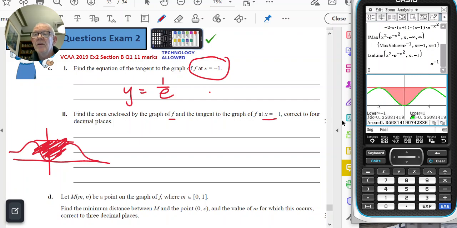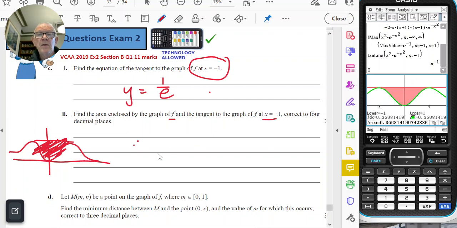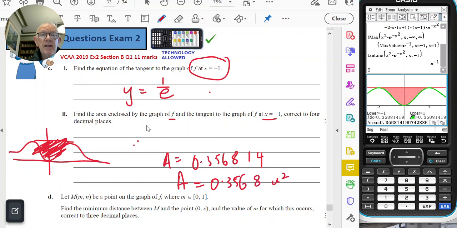That's going to tell me that the area equals 0.356814. 4 decimal places, area equals 0.3568 units squared.